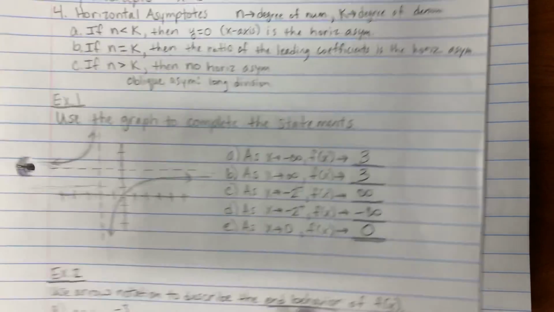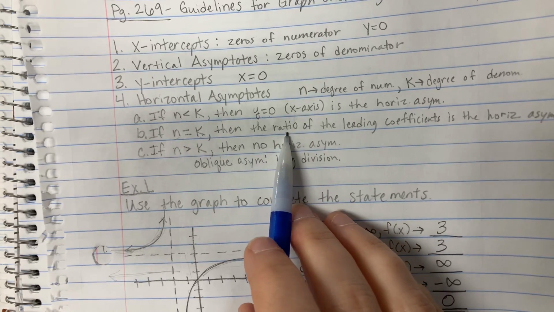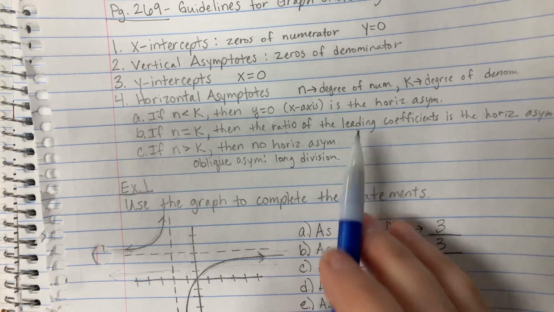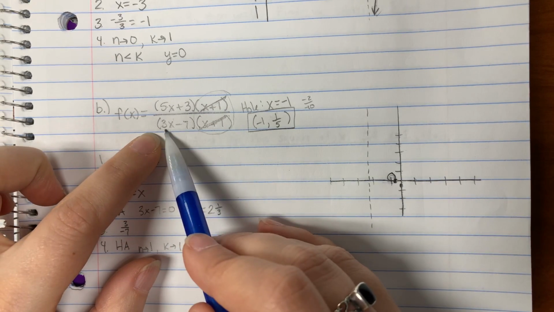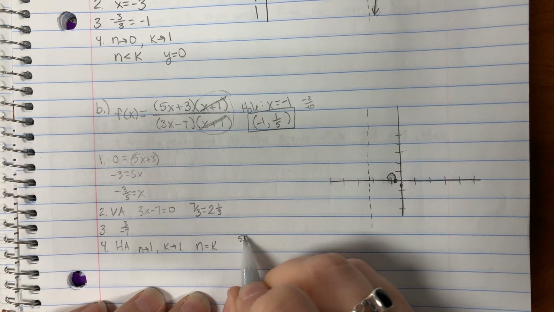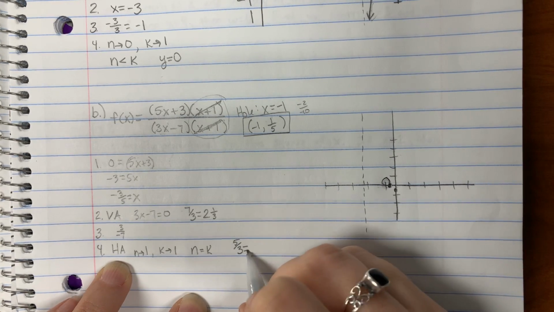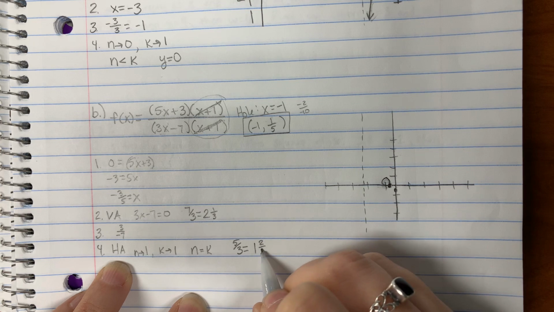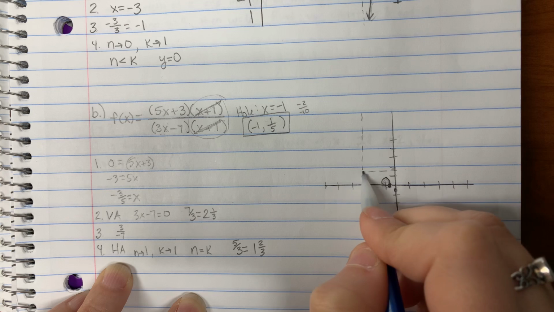And if you look back at your sheet, your little cheat sheet, if n and k are the same, then we use the ratio of those leading coefficients again. Those leading coefficients in this case are a 5 and a 3. So that means at 5/3, I have a horizontal asymptote, which is the same thing as 1 and 2/3. So at 1 and 2/3 of the way, I have a horizontal asymptote.